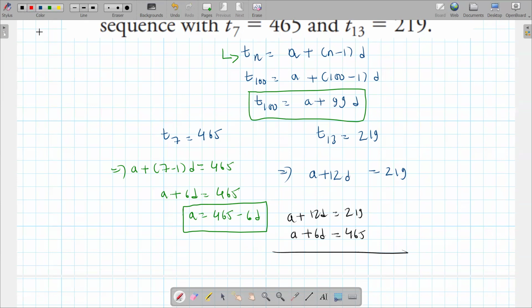Do we add or subtract them? Subtract. So you get 6D is equal to minus 465, so that'll be negative 246. So D is equal to negative 41. How do we get A now that we know D?